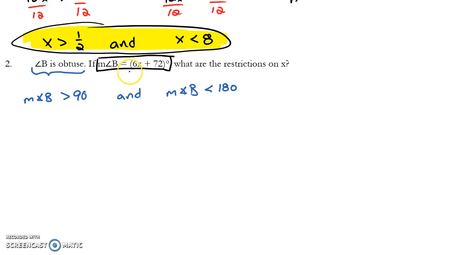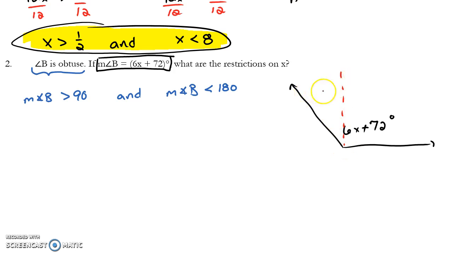Substitute this in for measure of angle B, because angle B is this obtuse angle over here. It's 6x plus 72 degrees. So x, whatever x is, has to make sure that my angle is bigger than that, making it 90, but also less than that, keeping that second ray in this range. X has to make sure that happens.